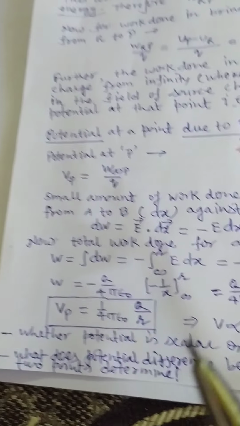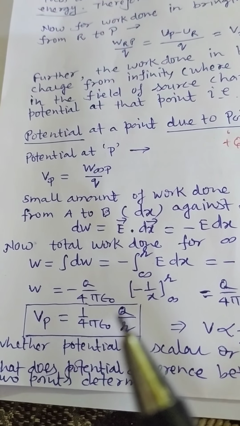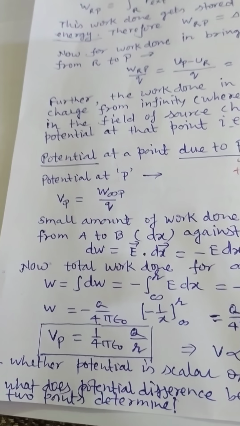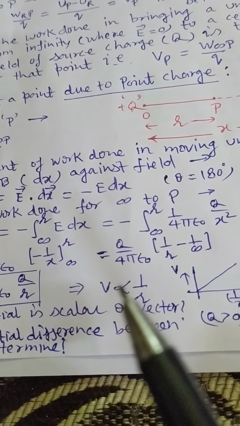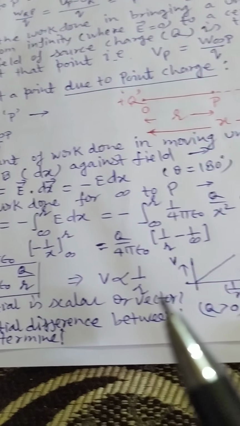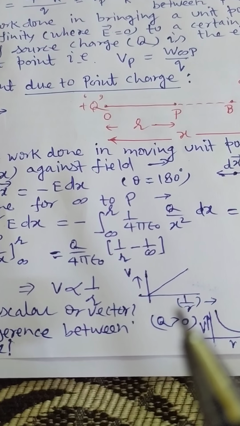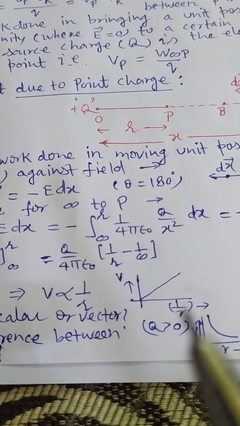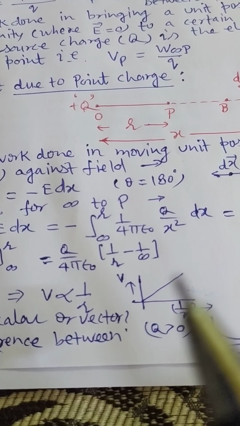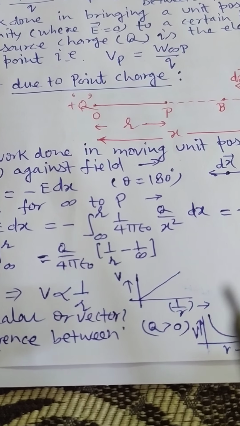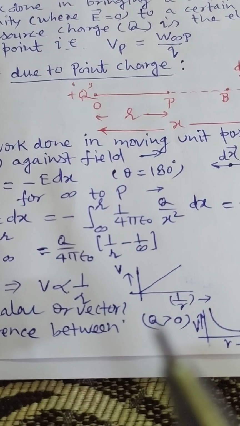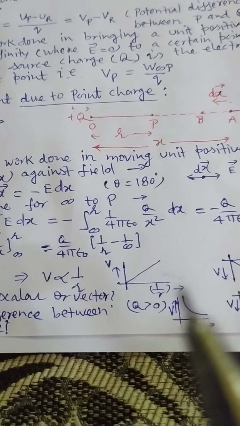So it depends on this only. This gives the mathematical expression for the potential at point P, which is at distance r from the source charge. Hence we have V proportional to 1 upon r. If we plot the graph between V and 1 upon r, it is a straight line. Definitely this is for Q positive, more than 0.